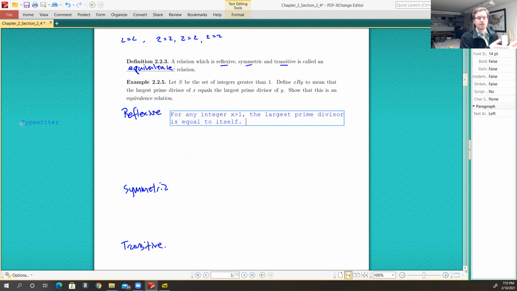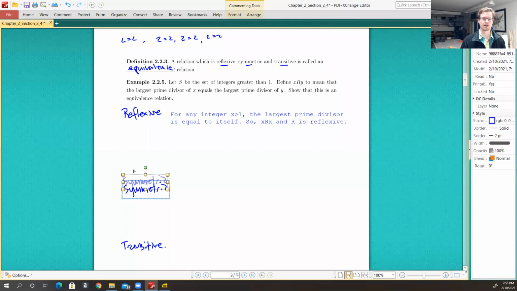Of course, the largest prime divisor of x is the largest prime divisor of x. So x is related to itself. So x is related to x. And R is reflexive. Right? That's as simple as that is. Cool. Nothing too complicated.